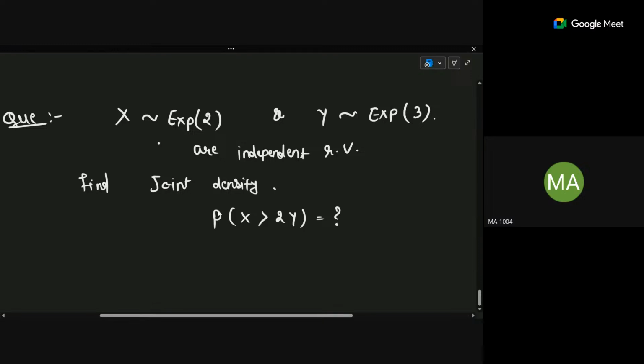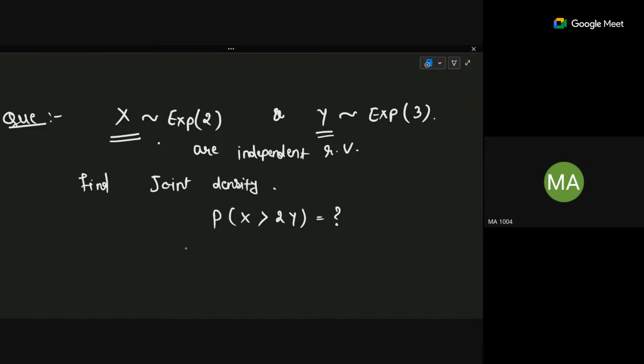Marginal density means the distribution of a random variable x itself or y itself, and here it is given directly. That means these are your marginal densities. Fine.